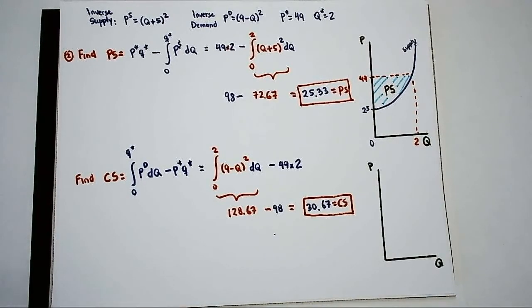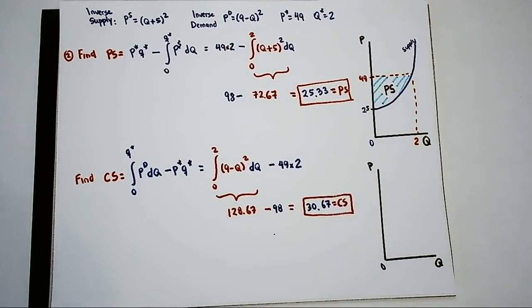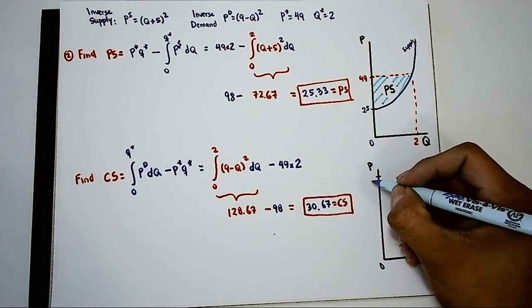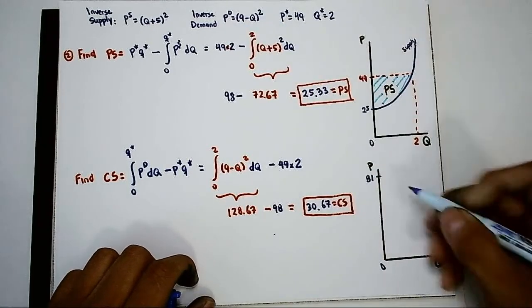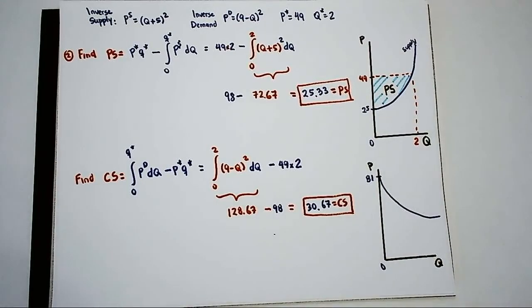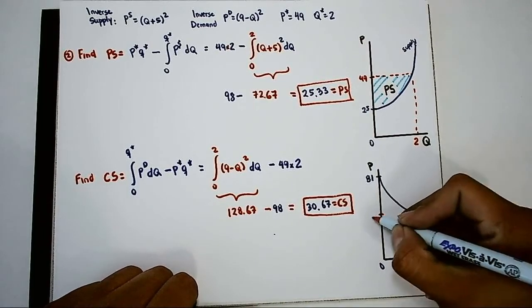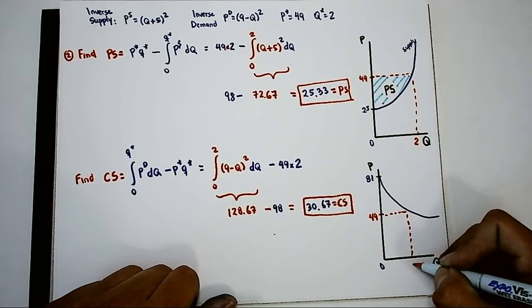In order to interpret this number, let's graph the consumer surplus. To graph the consumer surplus, we need the inverse demand. When Q is equal to 0, the price is 9 squared, which is 81. And because it's a quadratic function, this is a parabola. When the price was 49, the quantity was equal to 2.